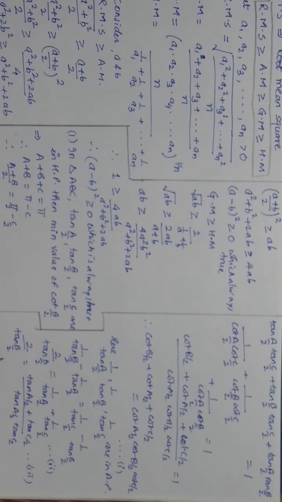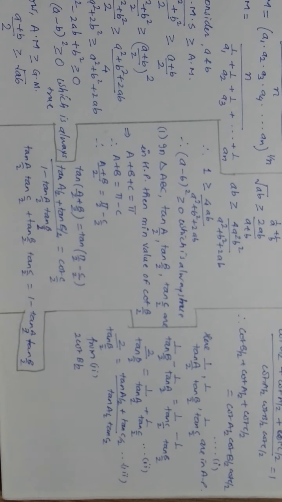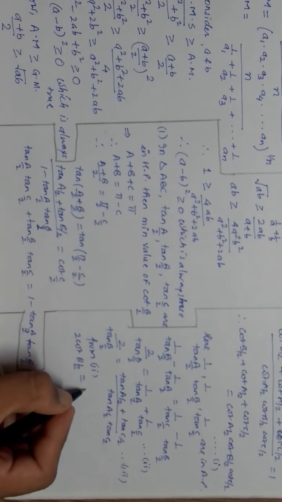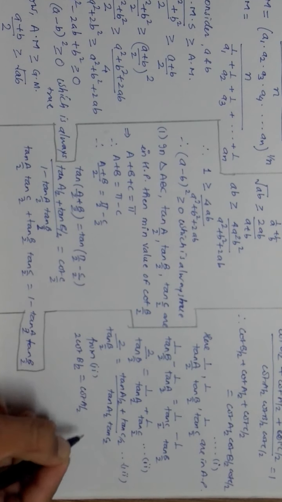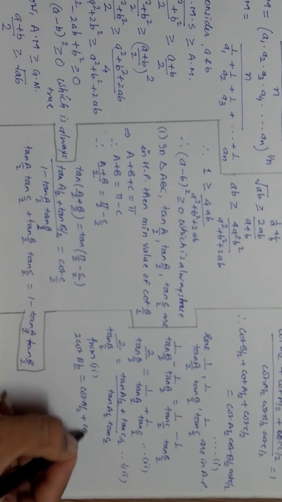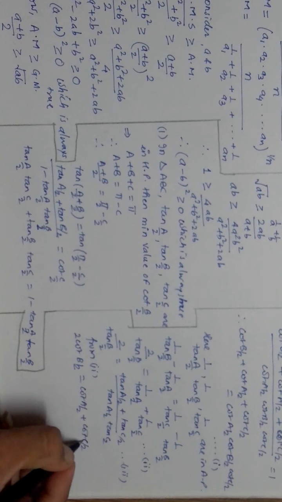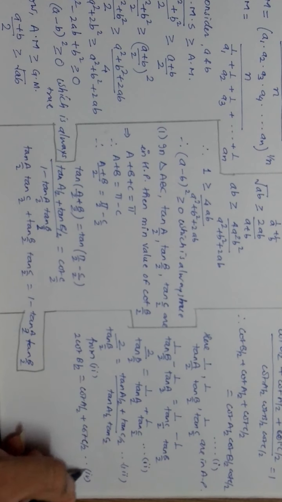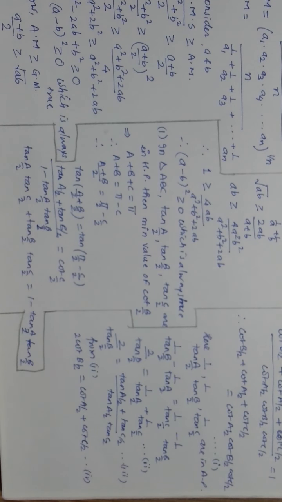So this is your second one and this is your third one, but we want the relationship in terms of cot. So from the second we get 2 cot B by 2 is equal to cot A by 2 plus cot C by 2. This is 4. Now once I get this, I will see where the relationship can be established.